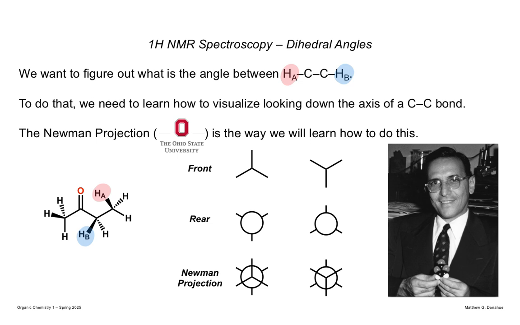And the way that we do that, say for example, that the red and the blue are just other carbon substituents, and I'm holding them in the plane in a zigzag. That's the way you're normally used to looking at things.